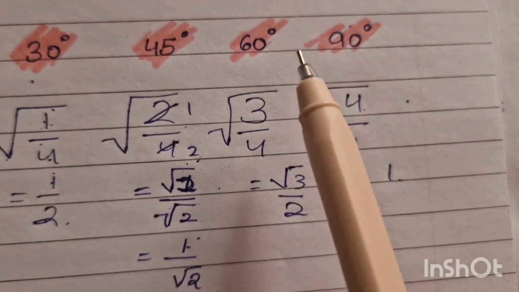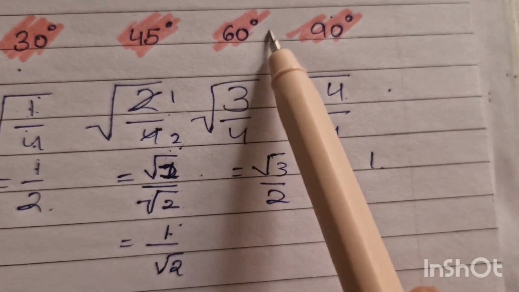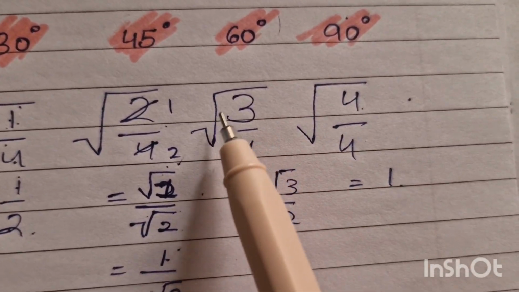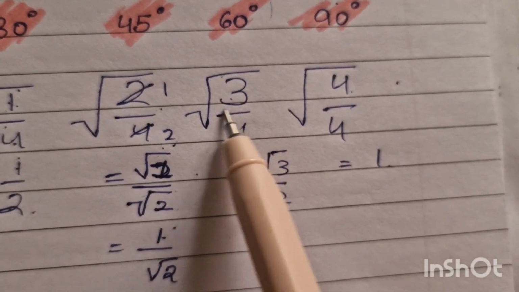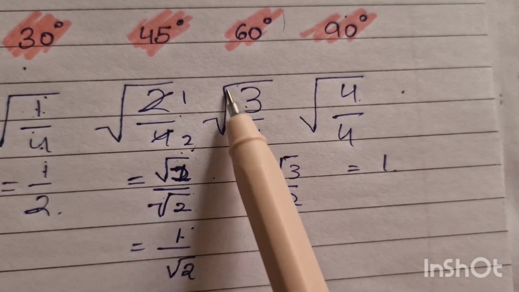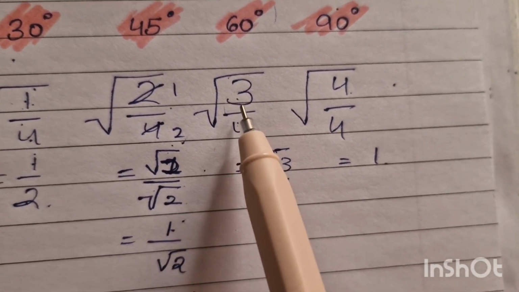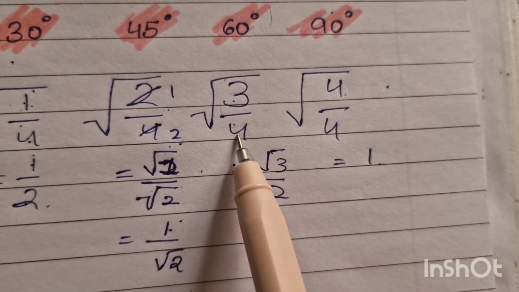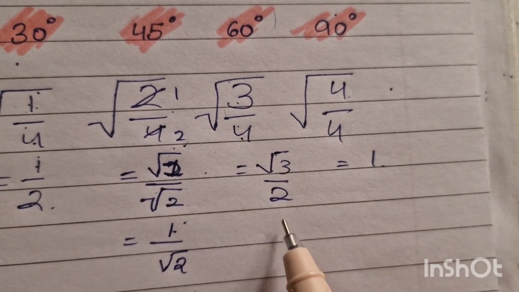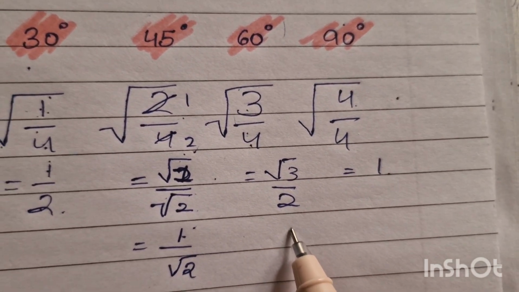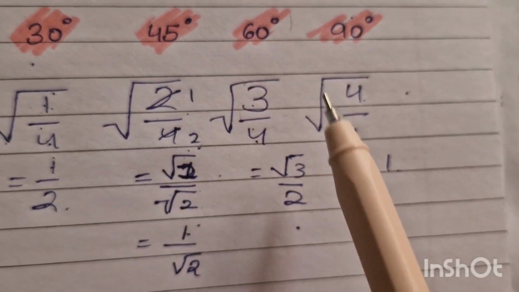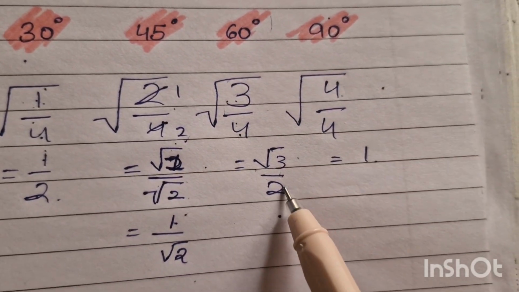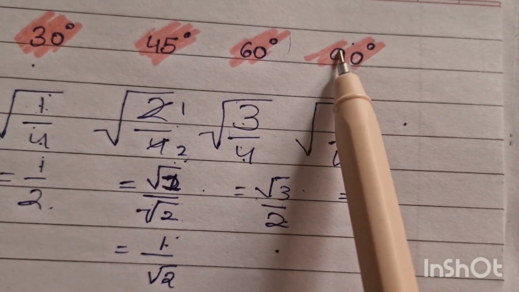Moving to sine 60. Here we took root 3 by 4. So root 4 is nothing but 2. That's why the value of sine 60 is root 3 by 2. Moving to 90 degrees.